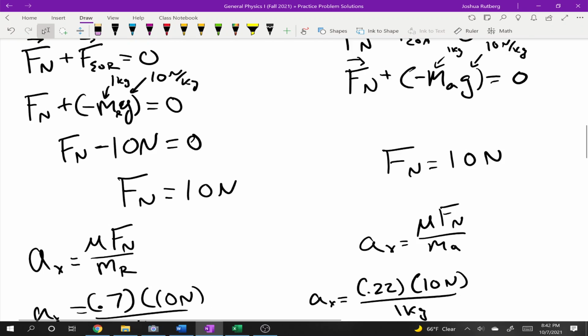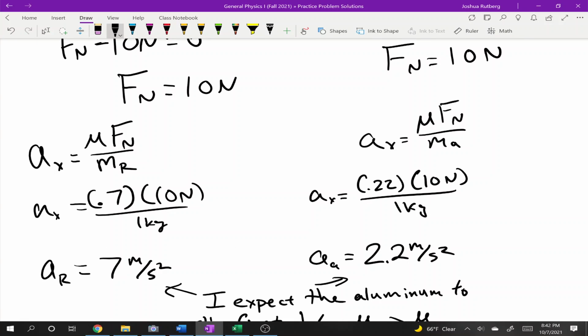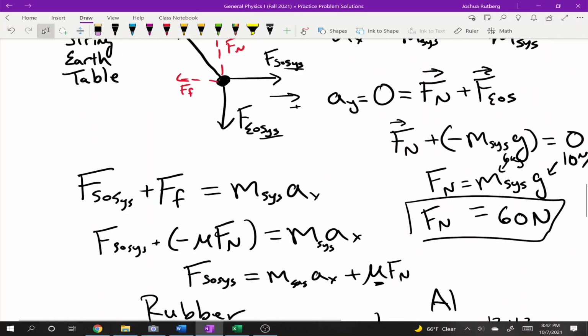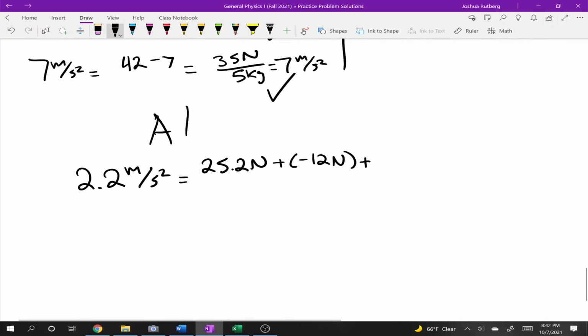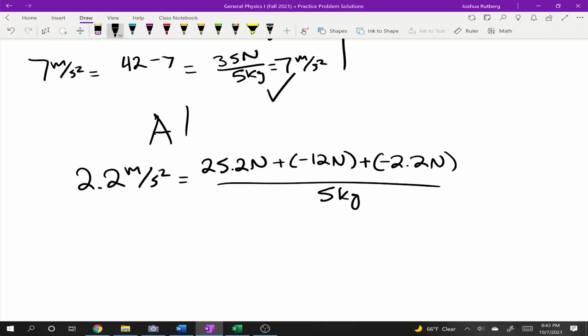Again, I have to go all the way back up. This was the 0.22 times 10, so 2.2. Negative 2.2 newtons, divided by 5 kilograms.